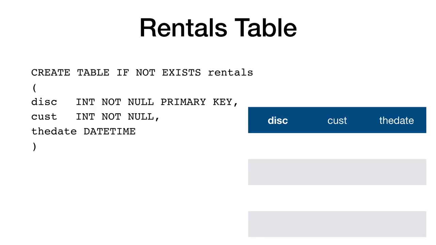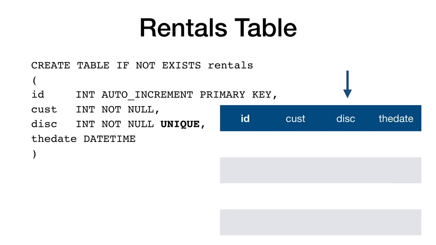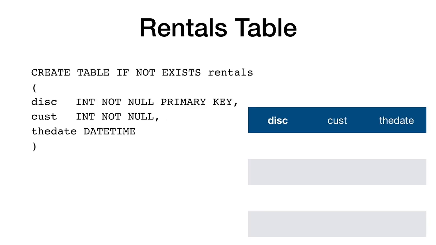When you have a table like this and you have a column that's unique that's not the primary key, you really have to think very hard: is that not your primary key then? So apart from the coding of tables, you need to have a think about what it is you're doing. So this is one option where the disk is in fact the primary key.